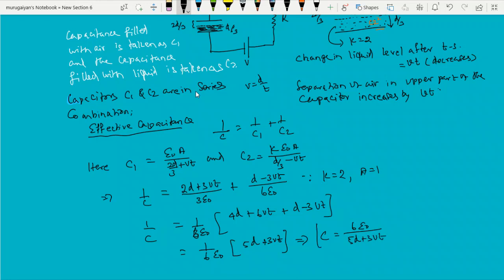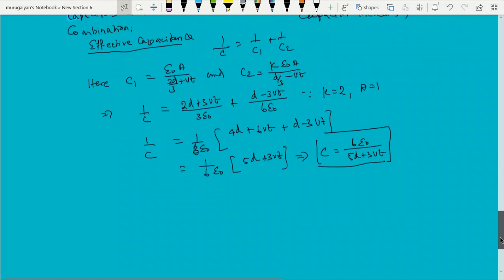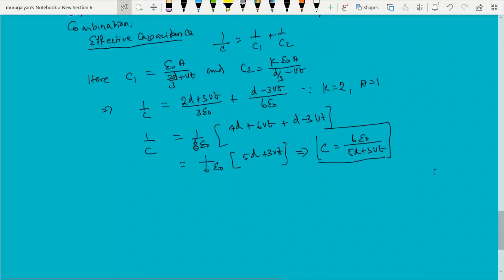This is the overall capacitance of the given circuit after t seconds. Okay. So dear student, what is the actual question? We need to find the time constant of the capacitor.